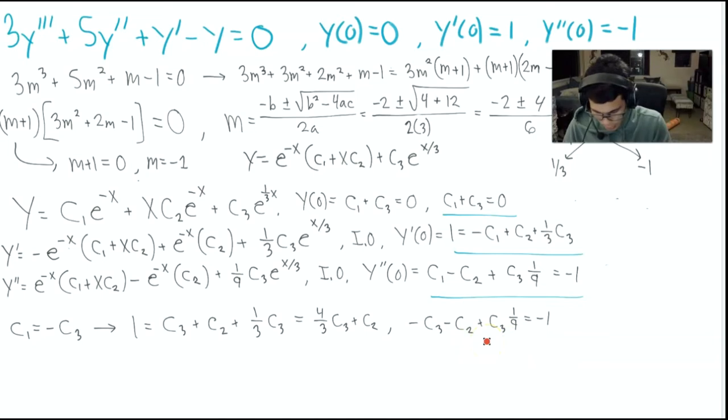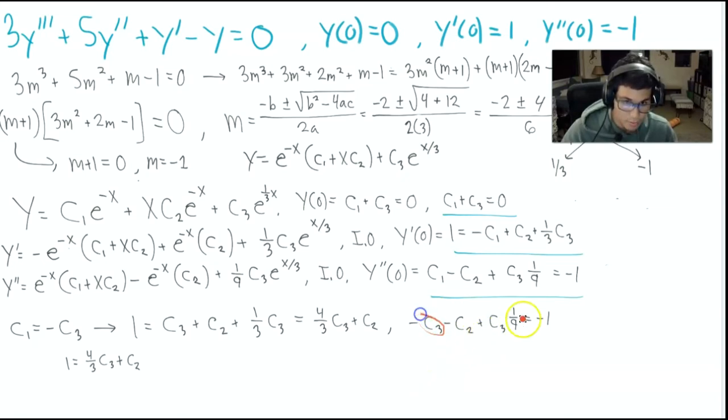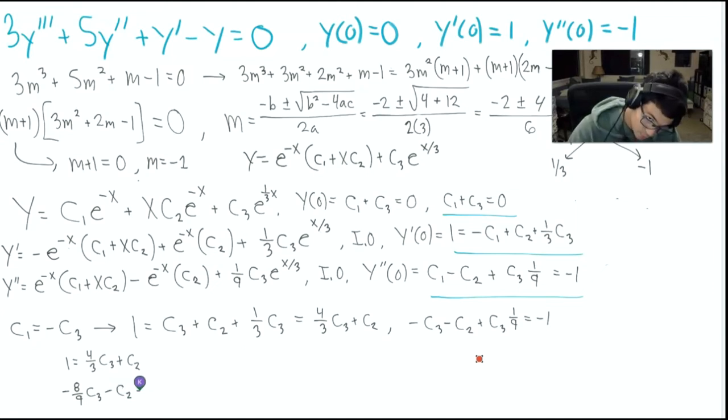Okay, let's simplify those two equations, make them into a lot neater of a form. 4/3 C3 plus C2, and this one is going to be, so this is negative 1, and this is positive 1/9. We get negative 8 over 9 C3, minus C2, which is equal to negative 1.